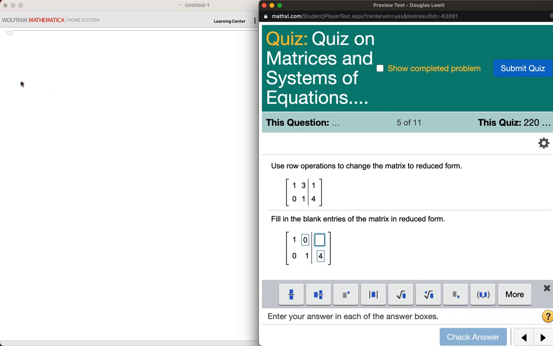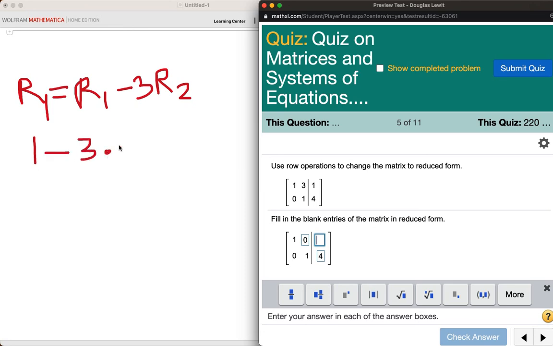The new row 1 is equal to row 1 minus 3 times row 2. So you're going to have 1 minus 3 times 0, and that's just 1.